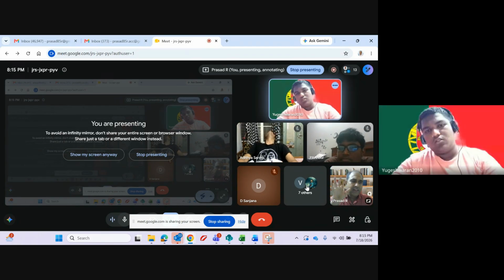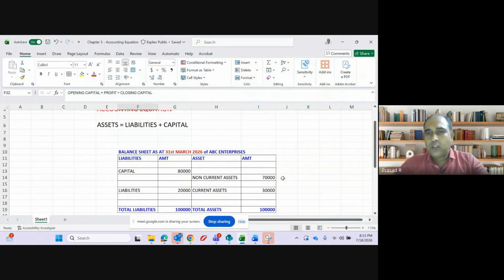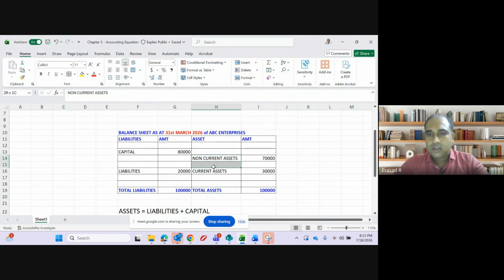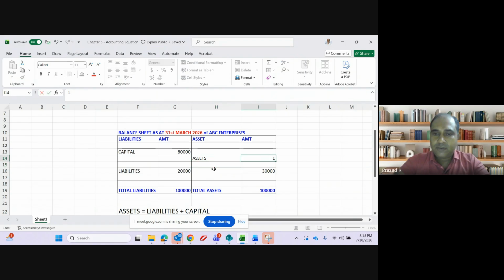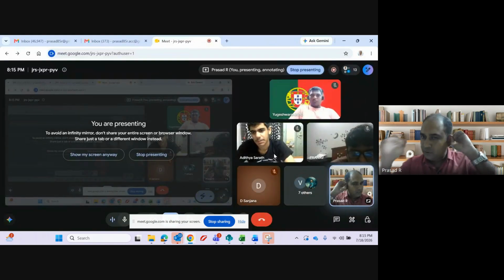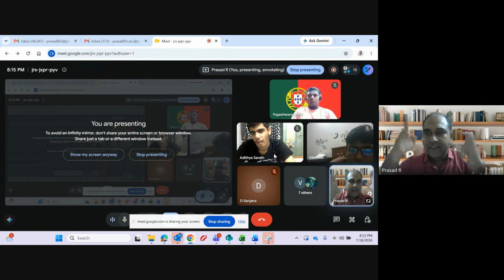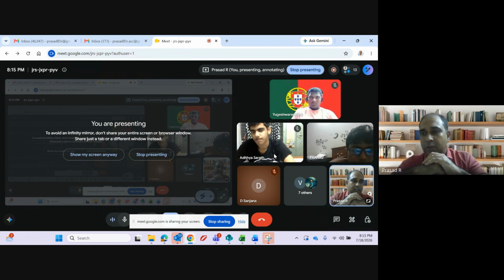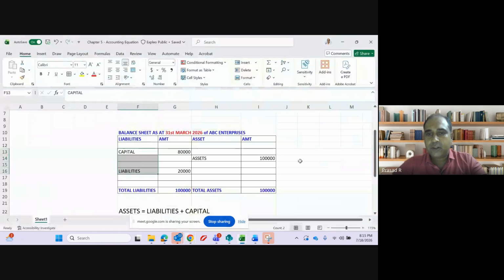Yes sir. Now, whenever you think of accounting equation, just think about this. Think about a balance sheet in which there is an asset side and there are liabilities and capital. Visualize a balance sheet in front of you.